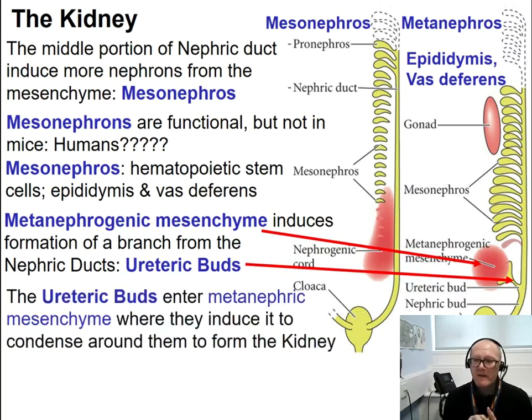And in fact, what happens is that the nephric duct is stimulated to enter and grow inside the mesenchyme, and to branch and branch and branch, forming a lot of different tubes inside the metanephrogenic mesenchyme.